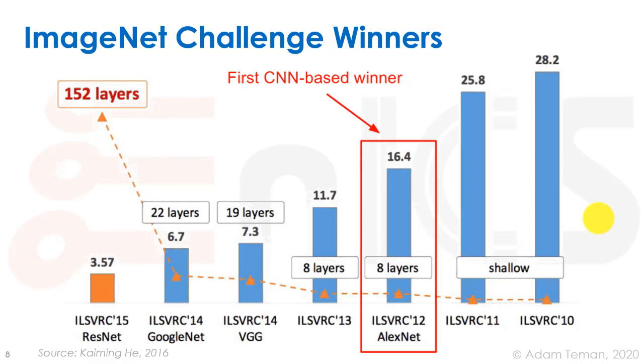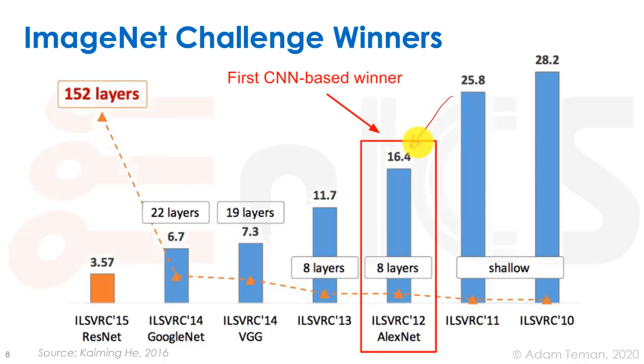What AlexNet did, and why it was such a breakthrough, you can see in this ImageNet challenge. The ImageNet challenge was introduced in 2010, and you see here the error rate. The error rate in 2010 was 28%, and it went down to 25% in 2011. These were using traditional image recognition algorithms and methods. AlexNet came in 2012 and blew the field away.